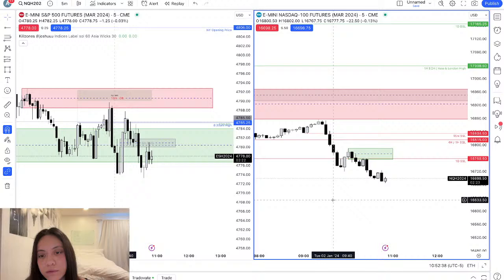If we can push up above this high, I'd look to join on this breaker here. But we've yet to break it.